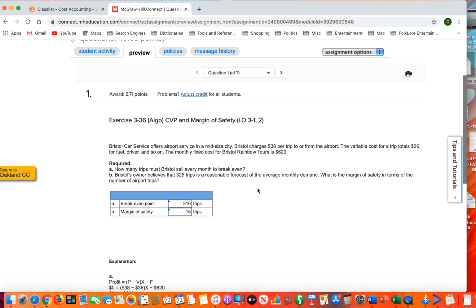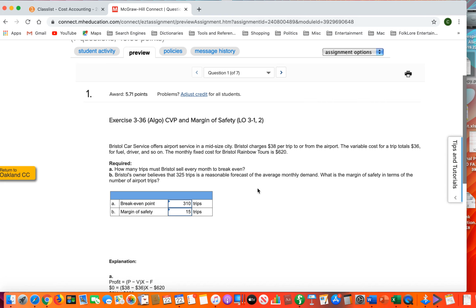So, if it takes 310 trips to break even, and he's talking about an average number of trips of 325, well, 325 is 15 more than 310. So you have a margin of safety, a cushion. In other words, if they average 325 trips, the number of trips would have to drop by 15 before you approach the break-even point.